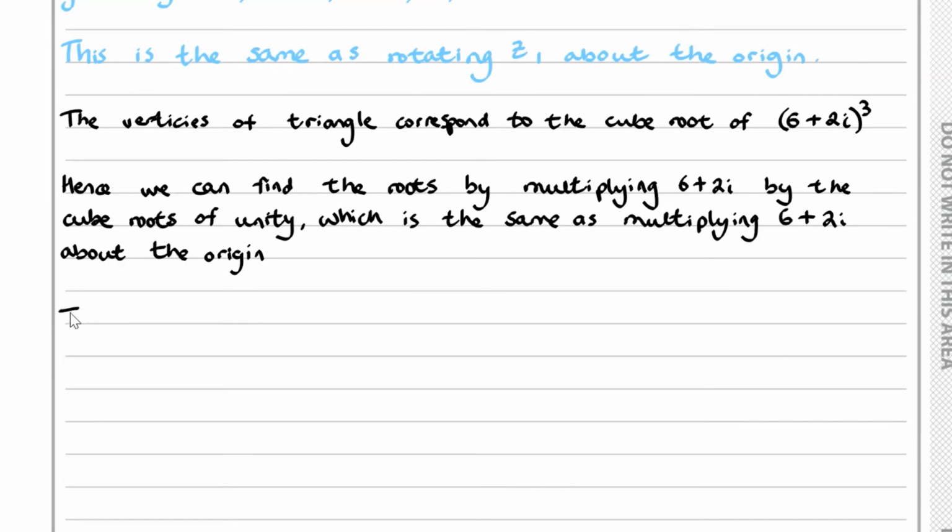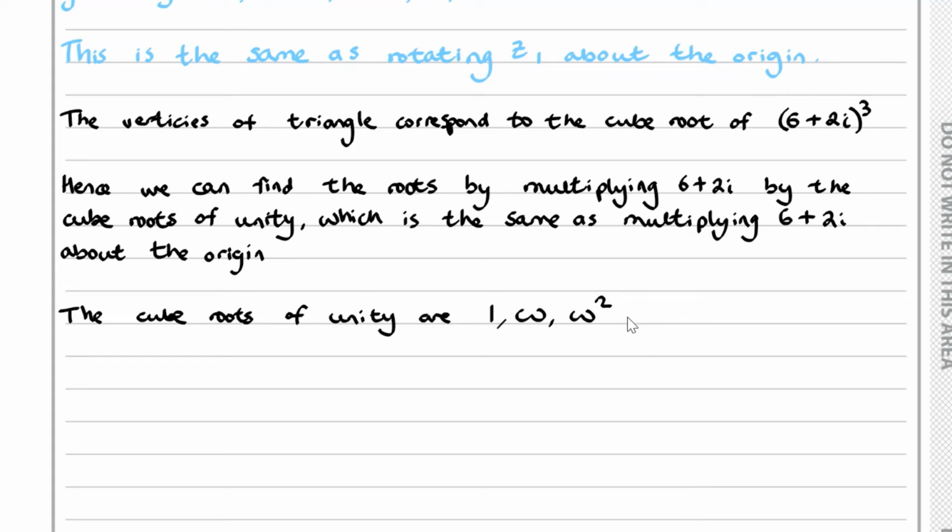Now, the cube roots of unity are 1, omega, and omega squared. Okay, because we've got 3 points on a triangle, so these are our cube roots of unity.